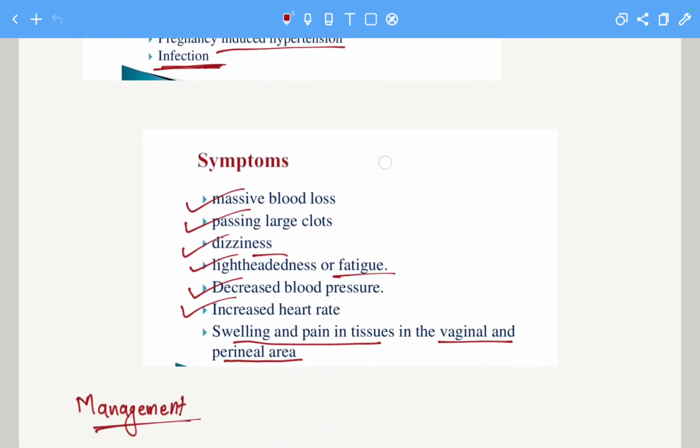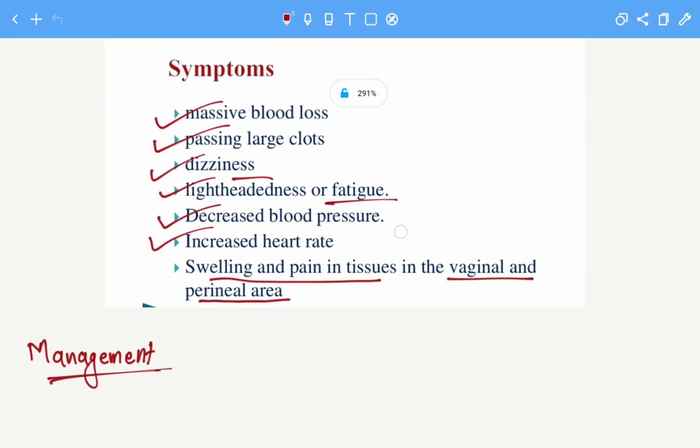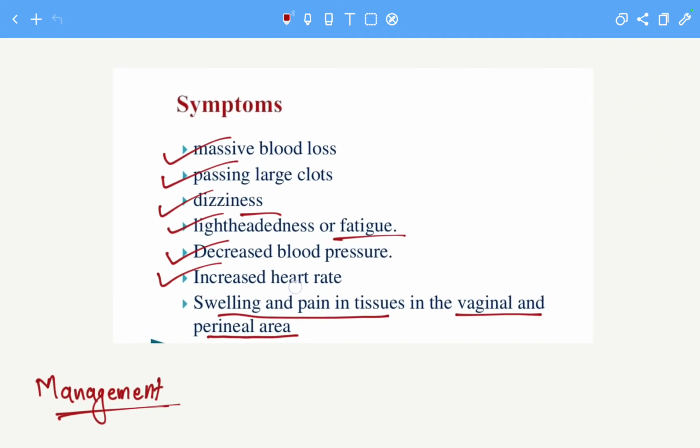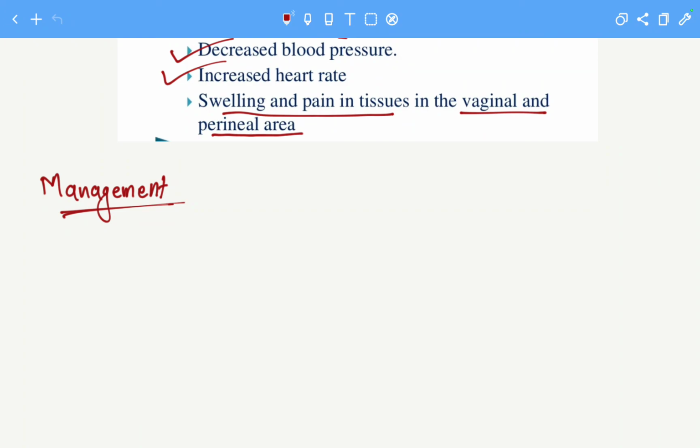How we come to know that this is the case of PPH, right? If there would be any massive blood loss, passing of the large clots, dizziness, fatigue, decreased blood pressure, increased heart rate, and if there would be any swelling and pain in the tissue in the vaginal and the perineal area, all these are the symptoms, right? So we have come to know about all these things.